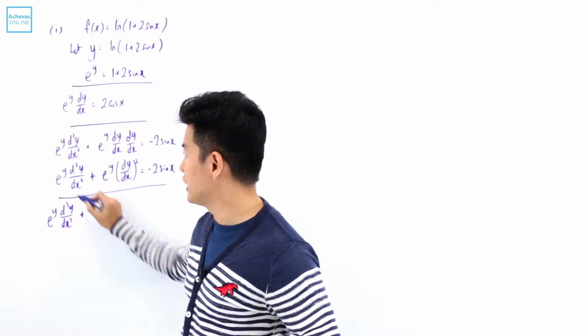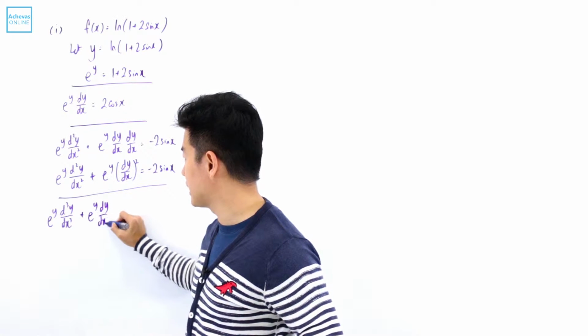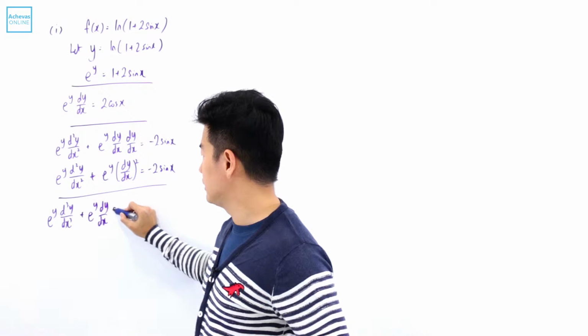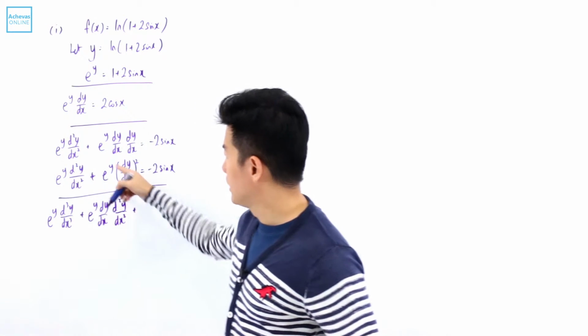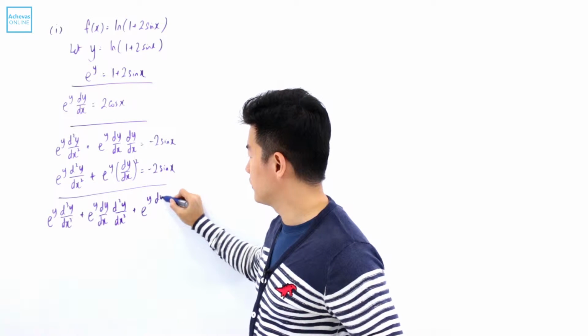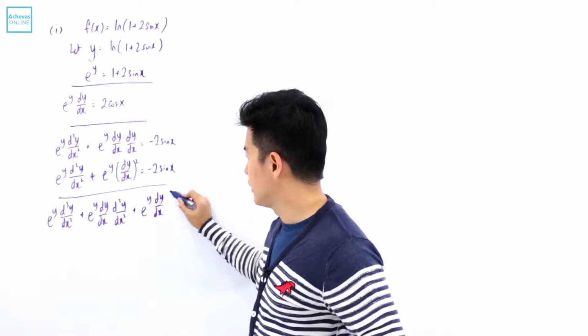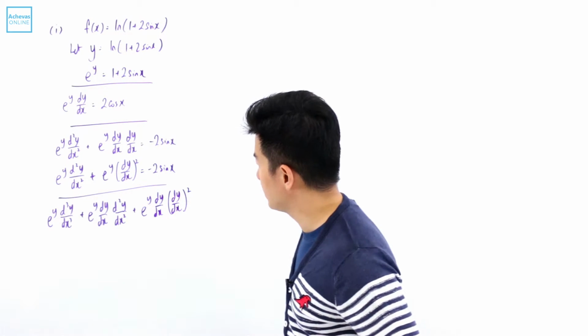Plus, differentiating e to the power of y is e to the power of y of dy/dx. Then rewriting this again, d squared y over dx squared. Differentiating this, it will be e to the power of y of dy/dx, then multiply by (dy/dx) squared.